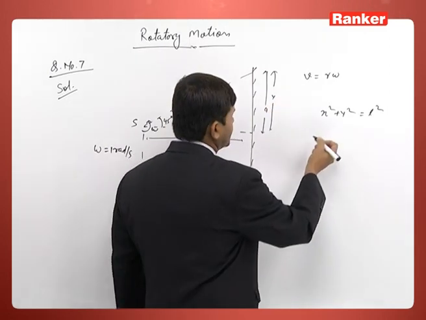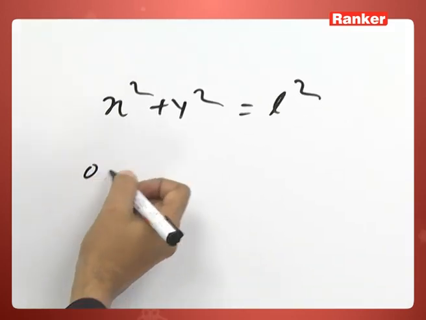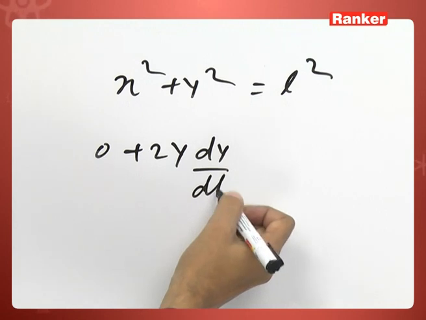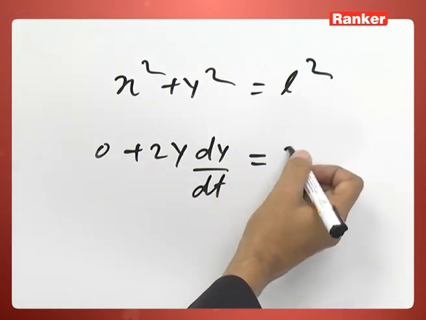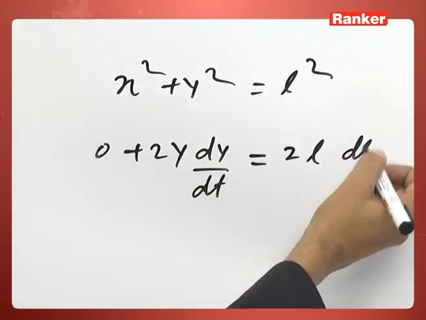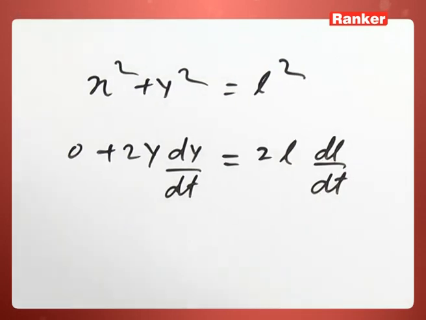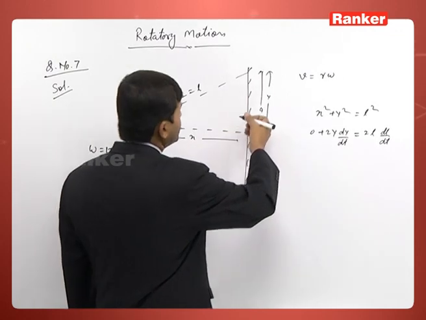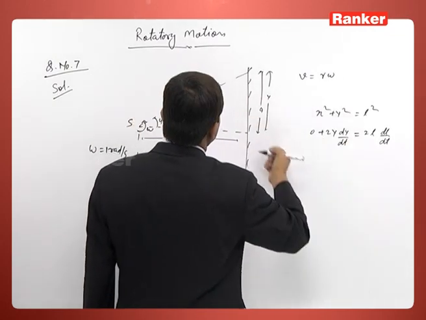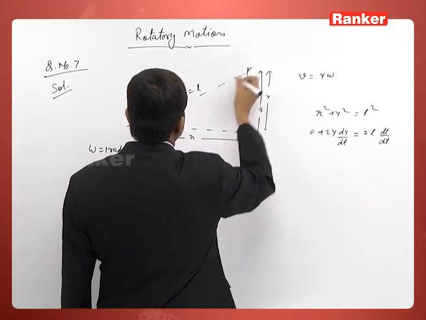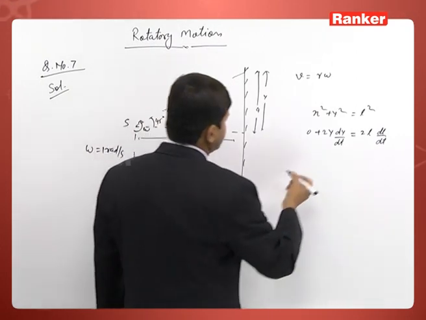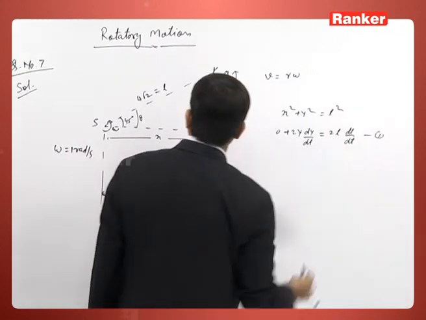X is constant, so this is 0, plus 2y dy by dt, which is equal to 2L dL by dt. This is one equation.